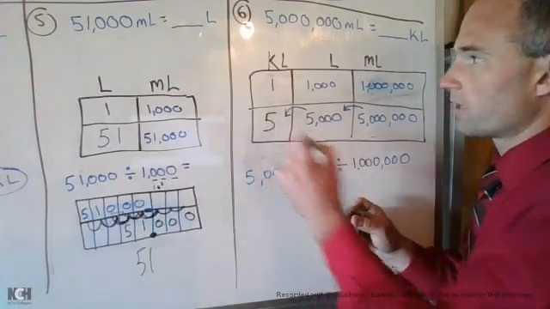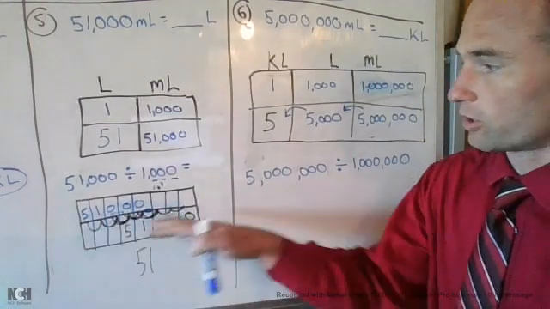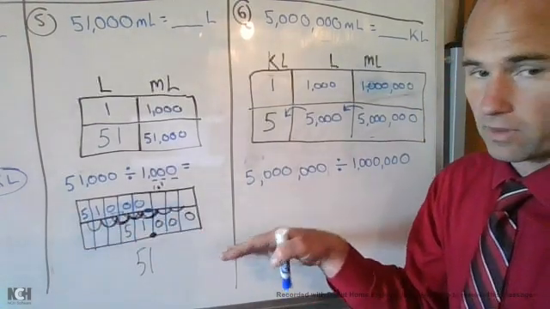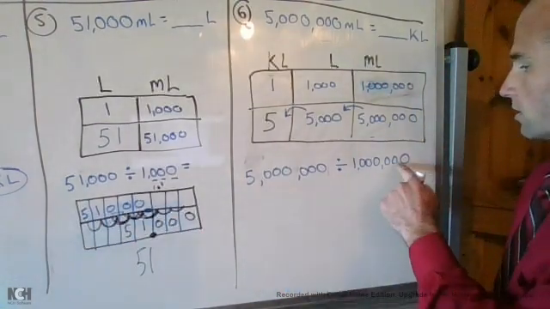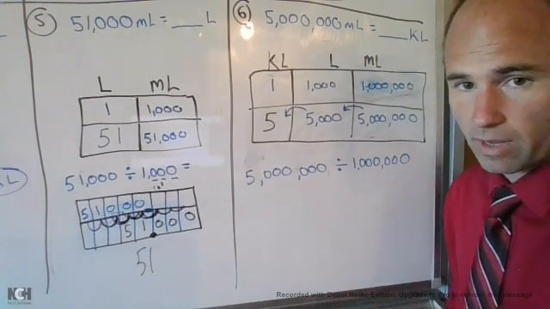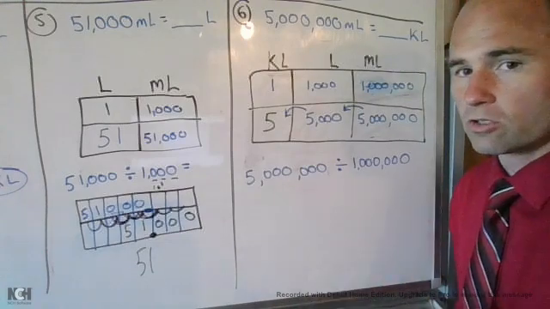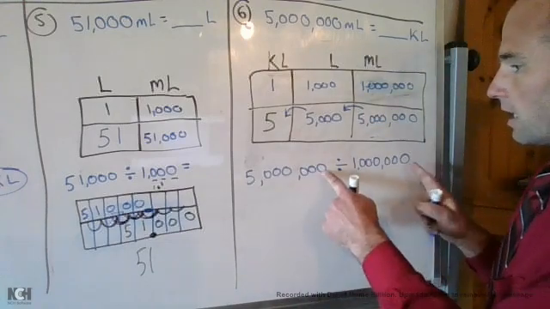known as 5 kiloliters. Now, another trick besides shifting: in this case, I would have to shift 1, 2, 3, 4, 5, 6 times, 10 to the 6th power, when you're talking about a million. There's another trick you could use here. Cancel out zeros.